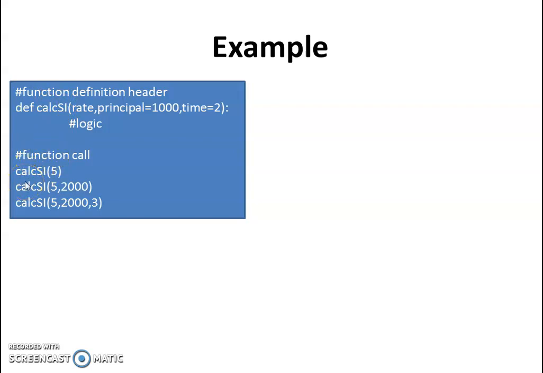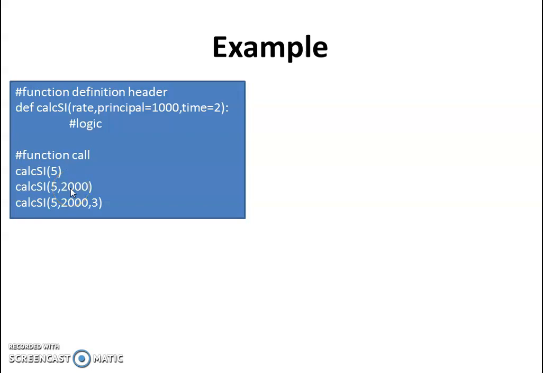In the first call we are calling this function with only one argument. This argument, 5, will be assigned to the first parameter of this function. That means the value of rate will be 5, principal will be 1000 and time will be 2 in this first function call. When we call the function with 2 arguments, the first argument will be assigned to the first parameter, so rate will be 5.